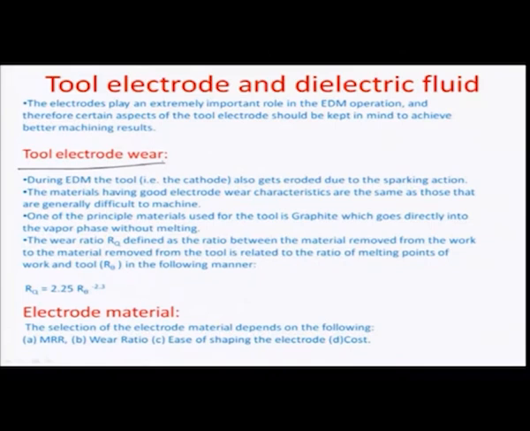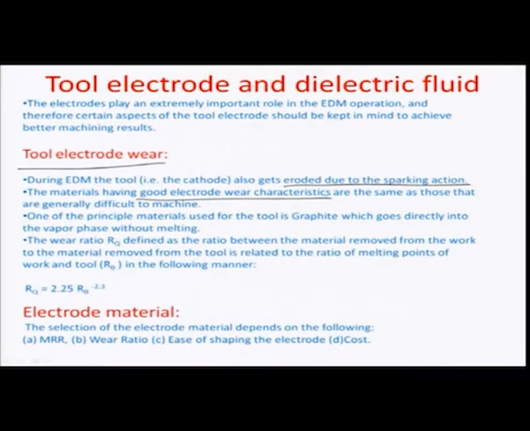So there is erosion which happens due to this sparking action, both at the workpiece, which is the cause of the MRR, the material removal rate, and the electrode side, where the electrode gets melted because of repeated sparking. So a material should be chosen which has relatively good electrode wear characteristics, meaning that it machines the workpiece, but the electrode wear is minimum.